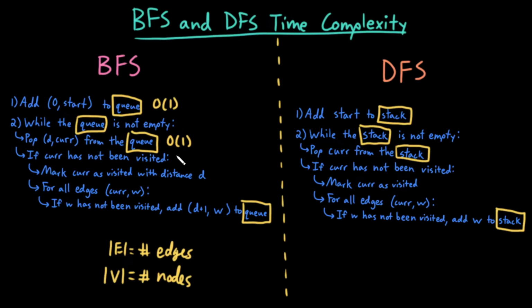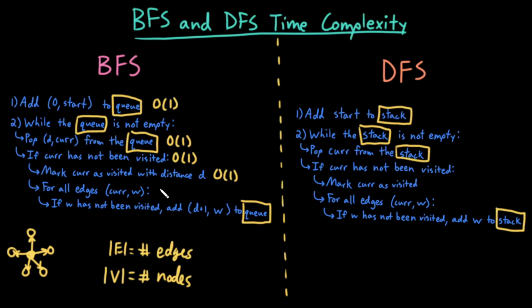If the current node has not been visited, that check is constant time. I just look up a Boolean, mark it as visited. So that's just an assignment. That's constant time. For each of its outgoing edges, well, I could theoretically have a network where my current node has all of the edges in my graph as its outgoing edges.